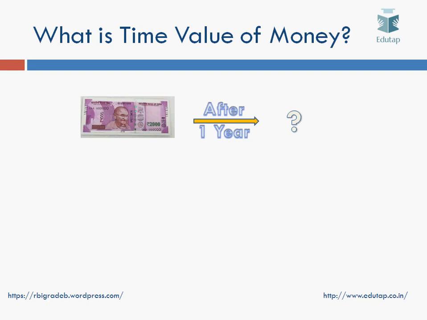So the value of 2000 might have decreased after 1 year. That is a concept of inflation. We will not go into detail for that. We will discuss the time value of money without taking inflation into account.